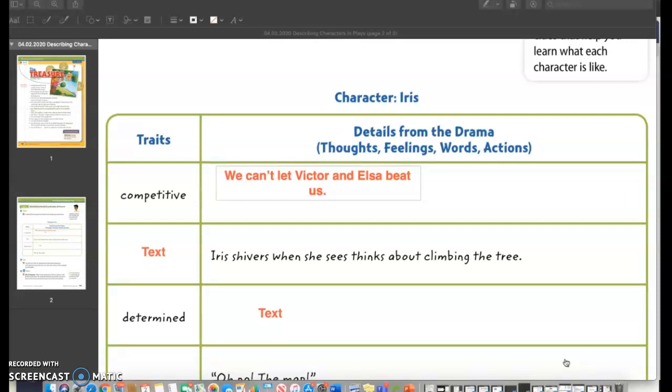Okay, I see some more responses. Paradise says nervous and scared. Mustafa says that Iris is afraid, maybe. And I see Khadijah says that she's nervous.